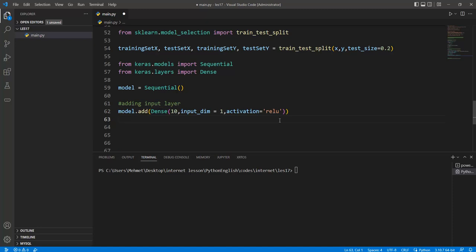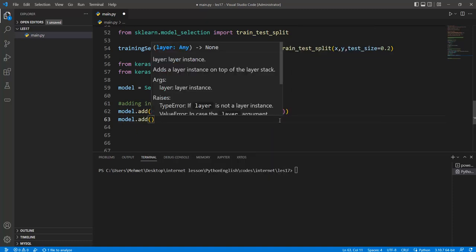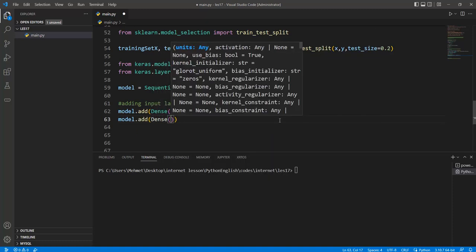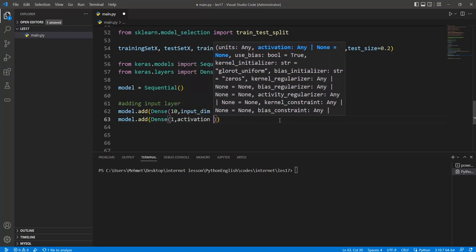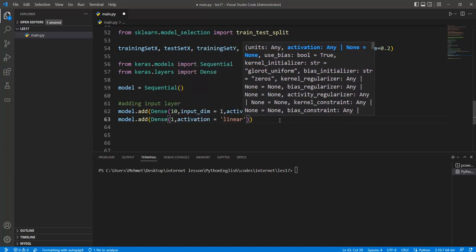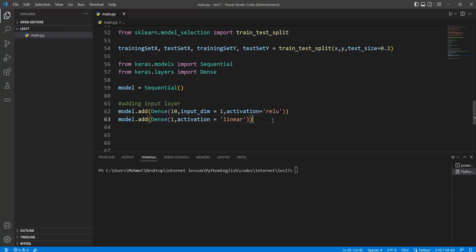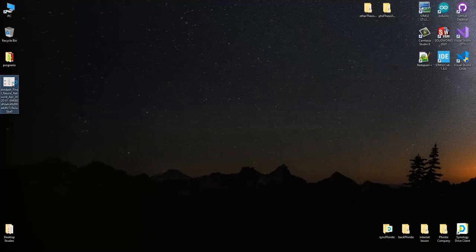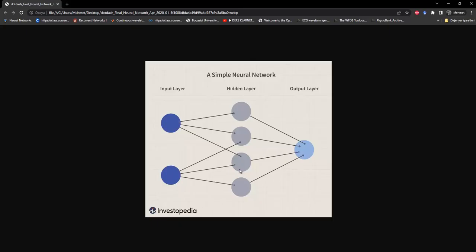Also we can add another layer like this one, Dense with a linear activation. In this state we have created one input layer with one neuron, a hidden layer with 10 neurons, and one output layer.